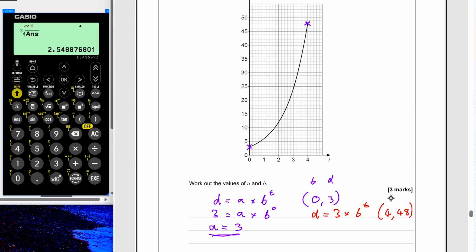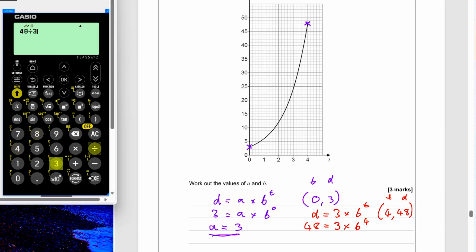And again, we've got t and d. So 48 is going to be equal to 3 times by b to the power of 4. So if we divide both sides by 3, we get 48 divided by 3 is going to be 16.